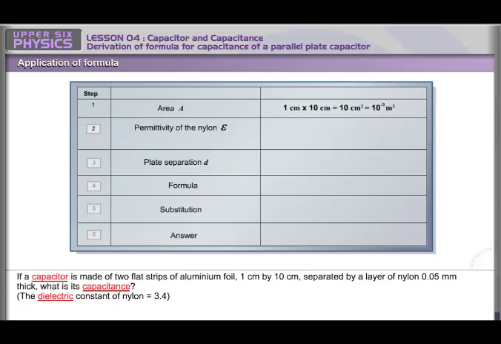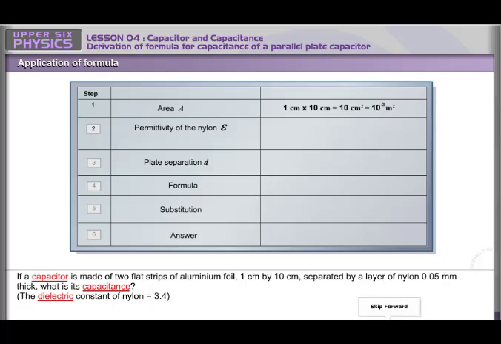If a capacitor is made of two flat strips of aluminium foil 1 cm by 10 cm separated by a layer of nylon 0.05 mm thick, what is its capacitance?